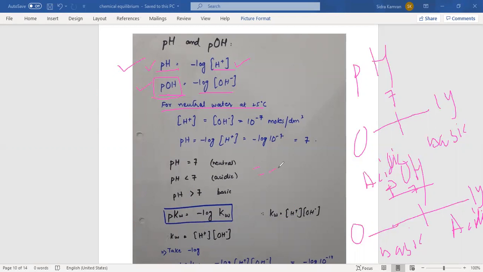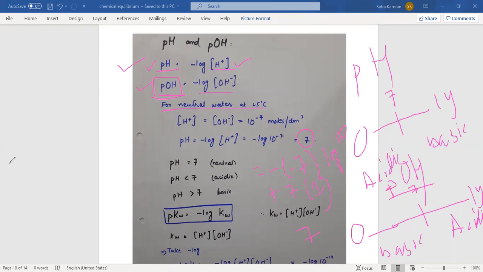So it will be minus 7. Power comes on the left side of the log. Minus 7 log 10. Minus minus plus. So plus 7 log 10, and log 10 is equal to 1. So 7 ones are 7. So the pH is 7.